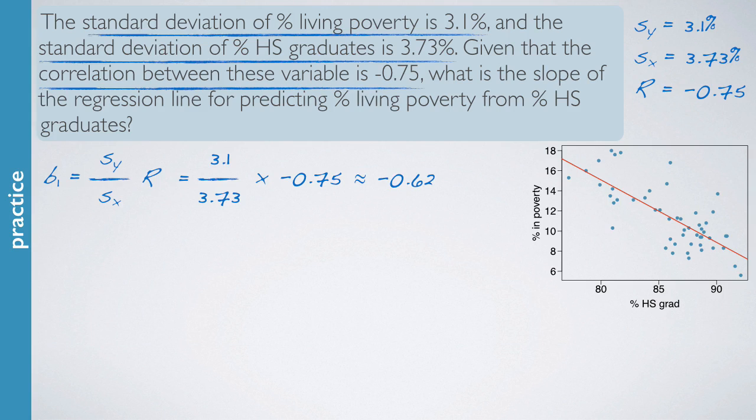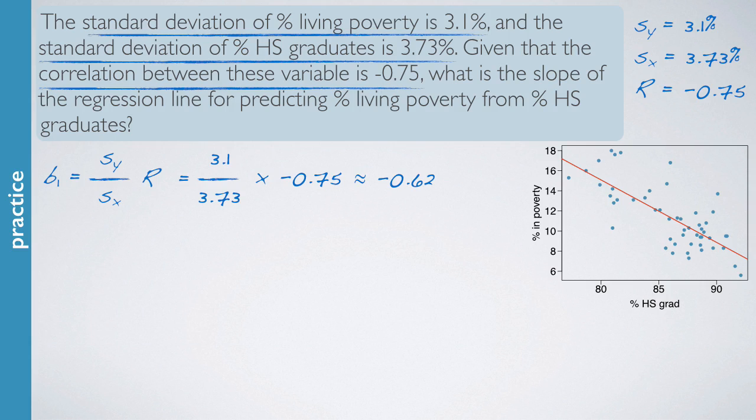Note that the sign of the slope is always going to be equal to the sign of your correlation coefficient. Conceptually speaking, this is true because we're clearly seeing a negative relationship between the two variables, so it makes sense that the slope is negative. Mathematically speaking, remember that the standard deviation is the square root of the variance, and it's a measure of variability. So the standard deviations of y and x are always necessarily going to be positive numbers.